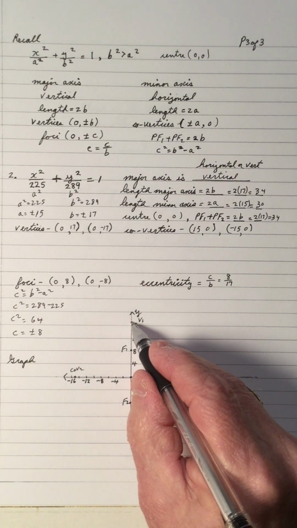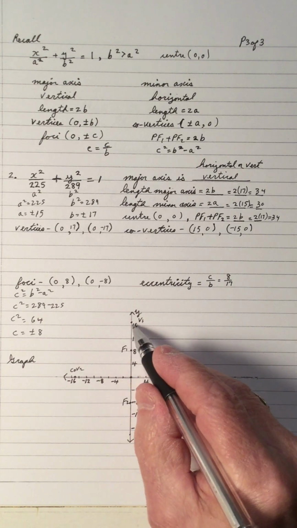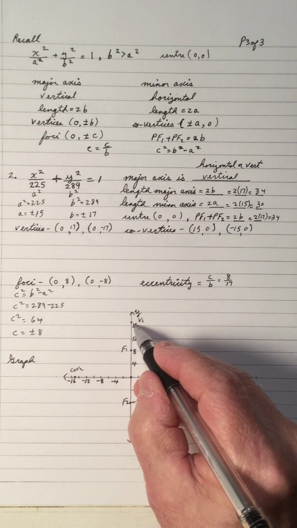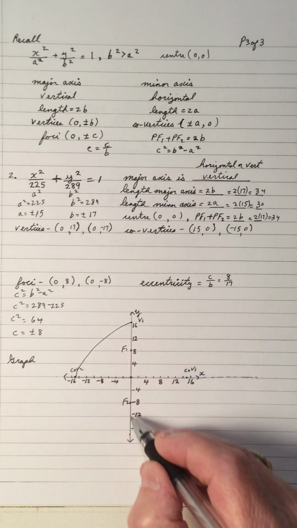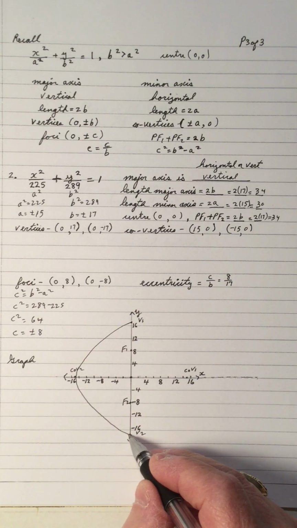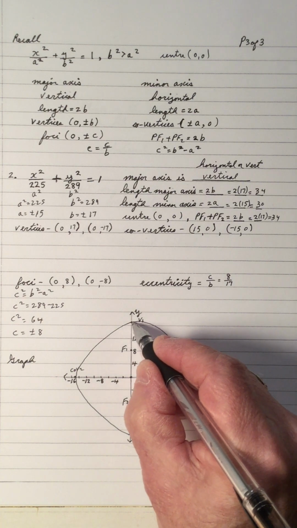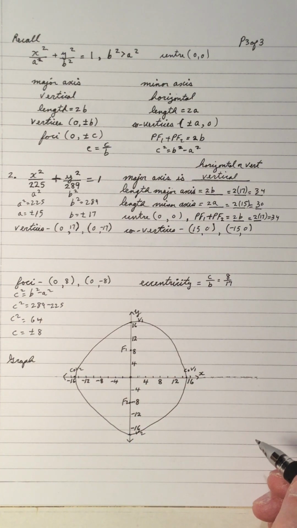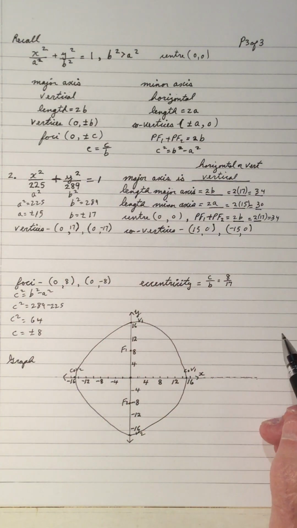So here we go. 17 and 15 are very close, so take your time. There we are. And so that's the ellipse that represents this equation.